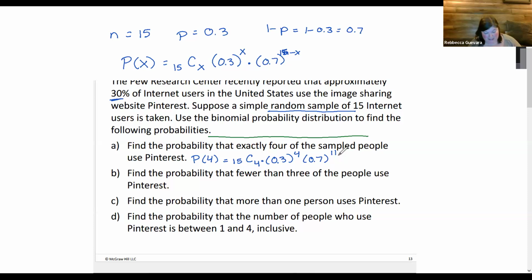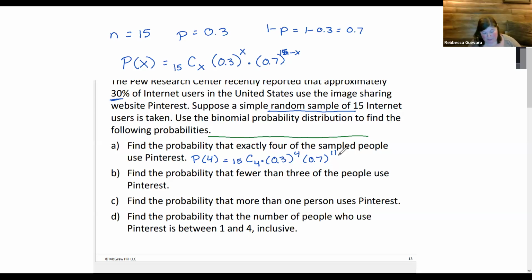Sorry, I just need my number again. So we are going to have 15 choose 4, just 4 out of the 15, and that is going to be 1,365.